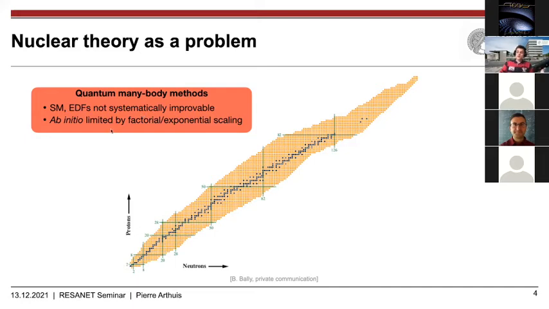On the other side, we've had actually ab initio methods for quite a few decades now, but at first they were limited by their factorial or exponential scaling to the very beginning of the nuclear chart.